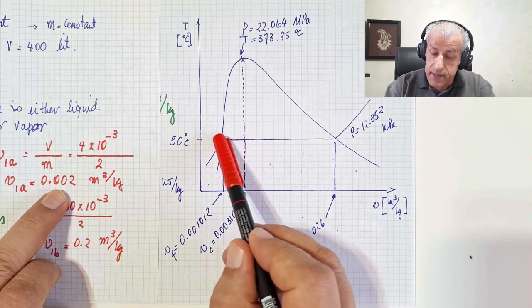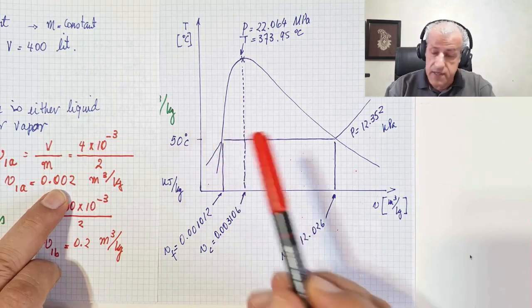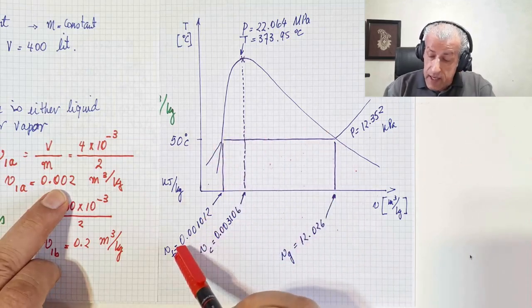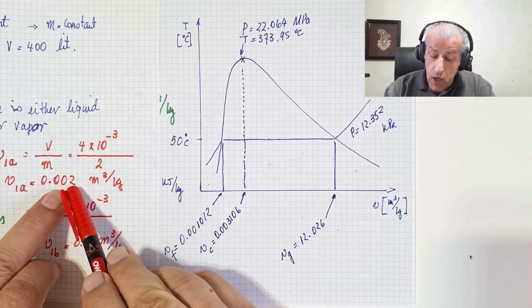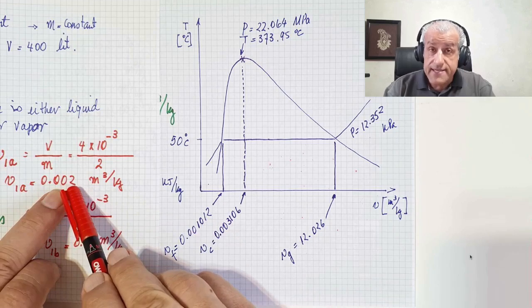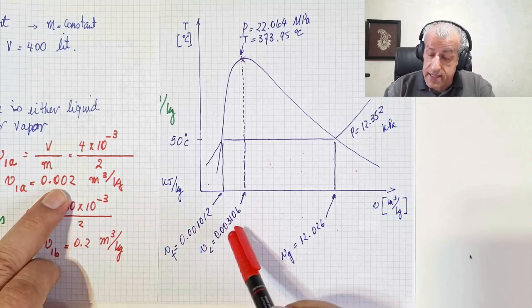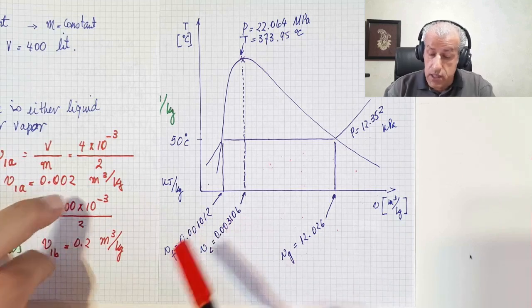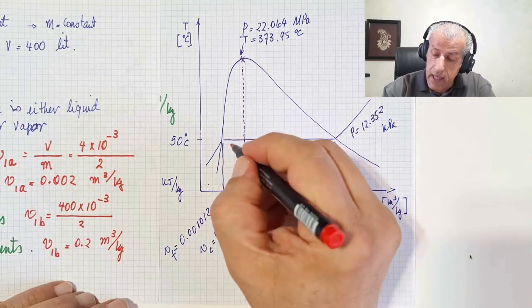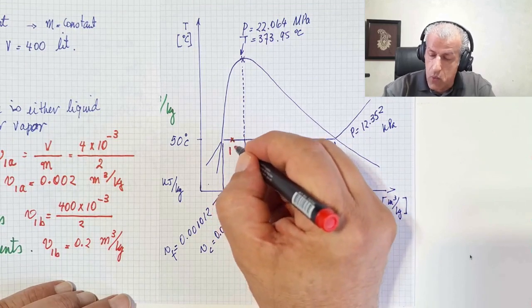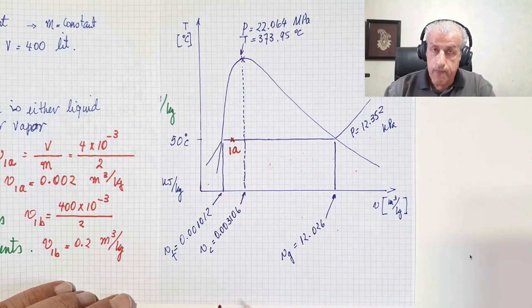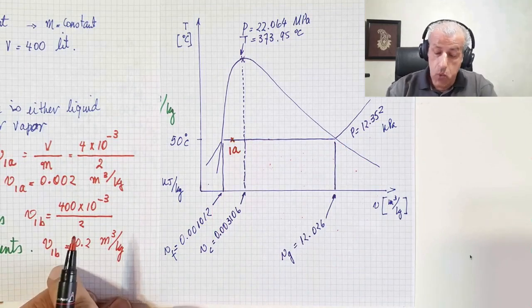So we are on temperature 50 degrees C. Here Vf is 0.001, so our specific volume in case A is larger than this and smaller than 0.003. So point 1A would be somewhere here. This is point 1A.